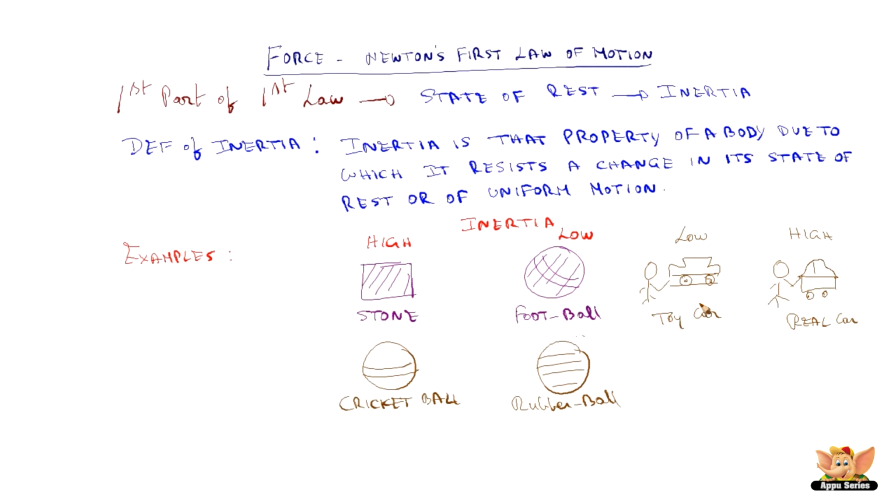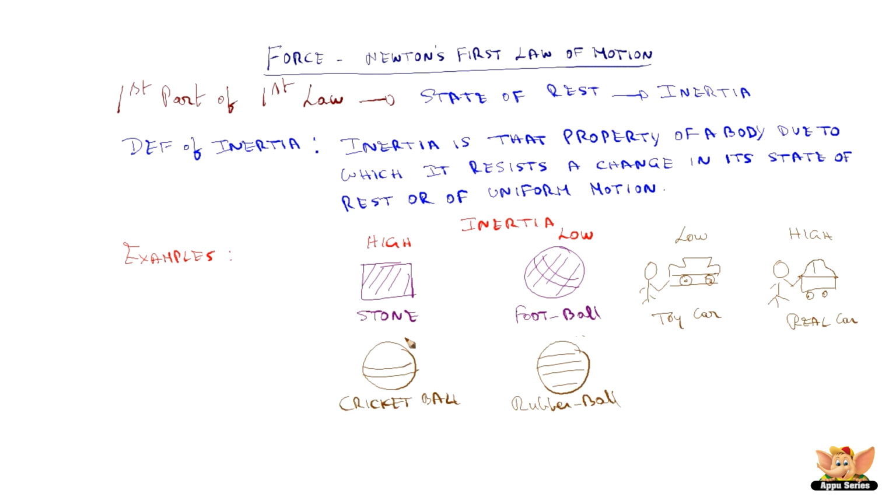Its resistance to change from its state of rest is higher. Whereas in the case of a football, rubber ball, or toy car, you require a lesser push, hence a low inertia. It can be easily changed from its state of rest with a lesser force.